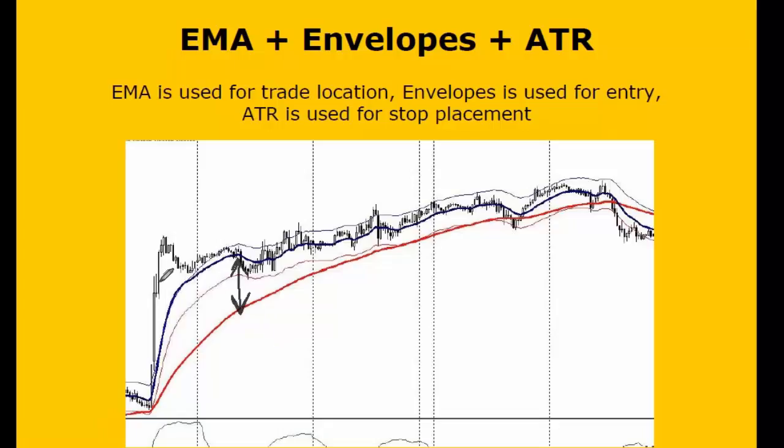The fast one can be with a parameter of 35. The slow one can be with a parameter of 150. Then we apply envelopes. We align the bands of the envelopes so the deviation is aligned with the current market volatility. We generate an entry point and we set a stop loss using ATR, right?